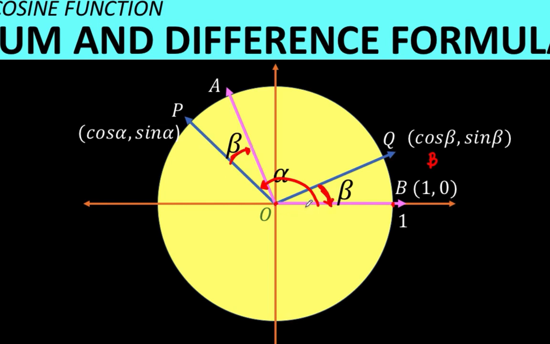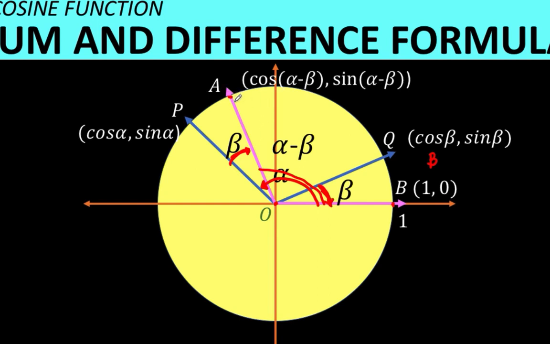Now, if the measure of angle POB is alpha, and the measure of angle AOP is beta, then the measure of angle AOB, this angle, must be equal to alpha minus beta, because we just subtracted this angle beta. And by knowing that the measure of angle AOB is alpha minus beta, we can now identify the coordinate of point A.